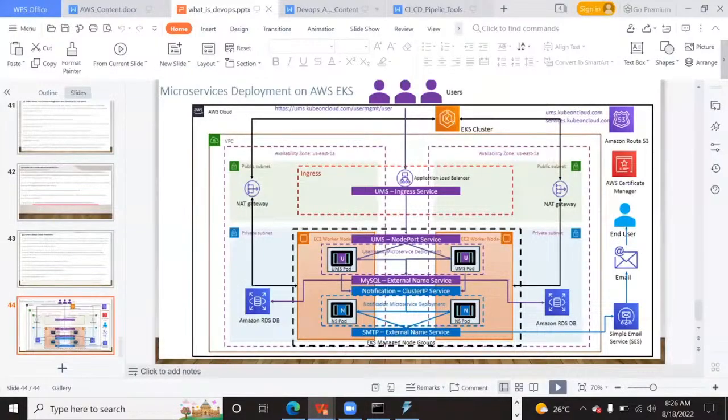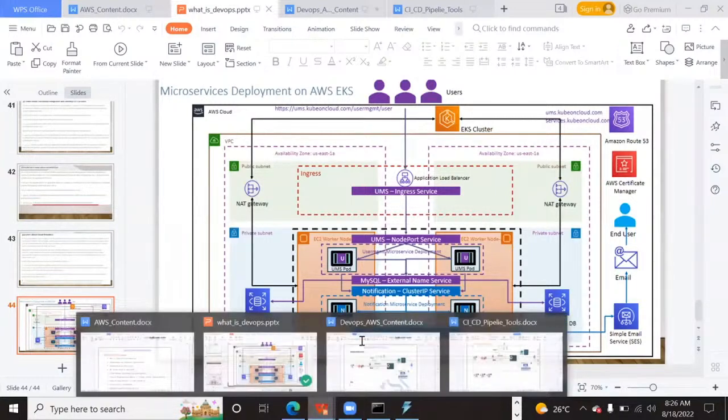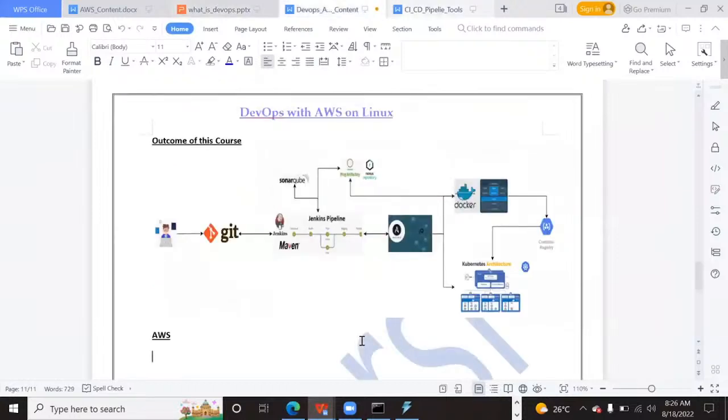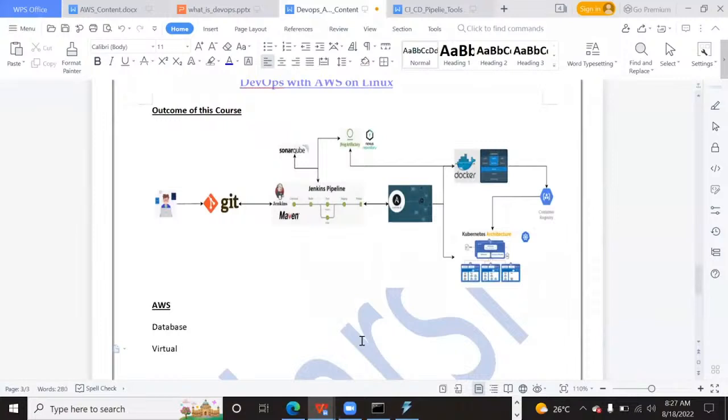Okay, first let us observe what we need to deploy this application on the cloud. Number one, we need a database. Number two, we need a virtual machine, right? A virtual machine means a computer like my laptop. You are looking at my laptop, right?